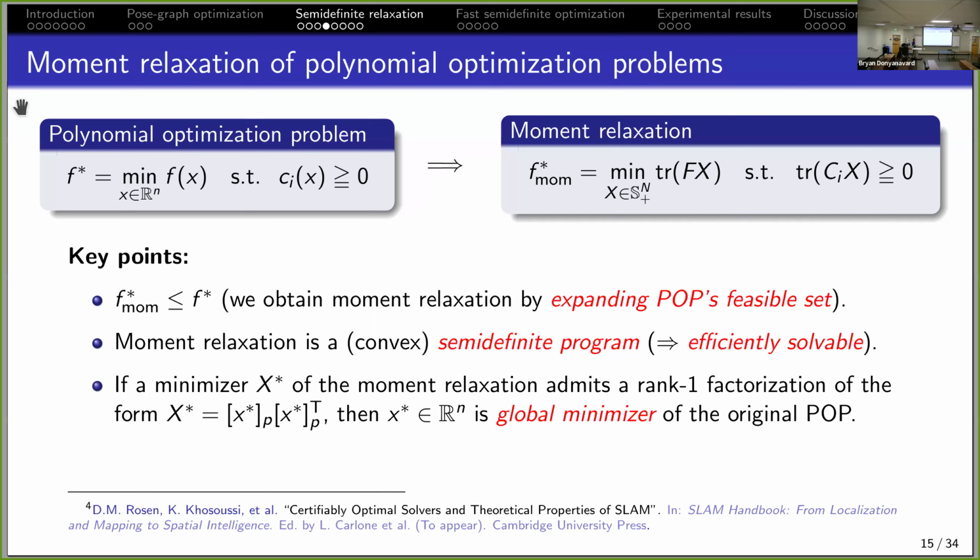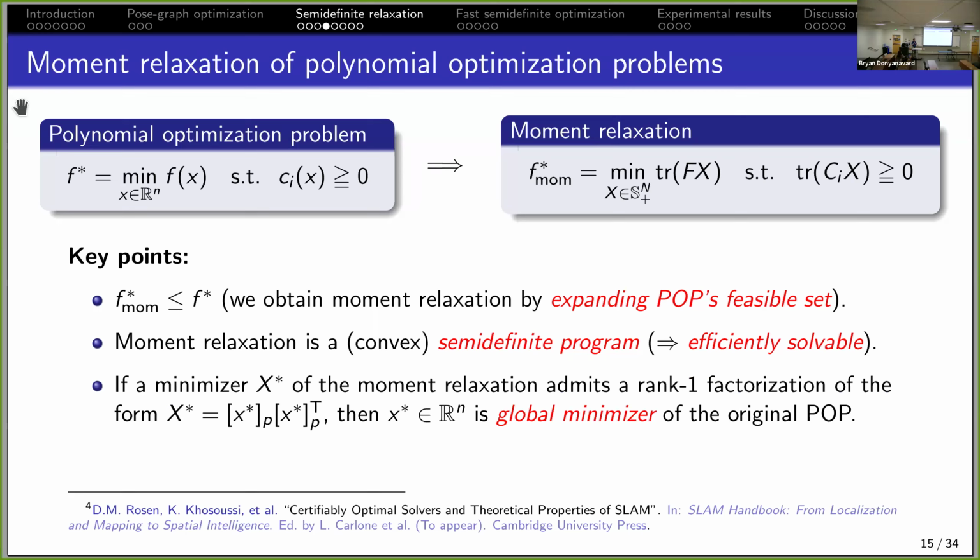And then finally, the part about this that is going to be of interest to us is the interesting bit. Suppose that I were to solve this SDP, this moment relaxation. And it turns out that the minimizer that I get happens to be a rank 1 matrix that can be factored as a product of things that look like these monomial vectors.